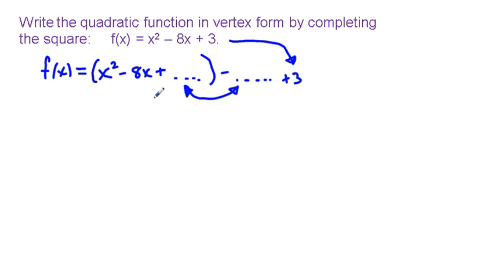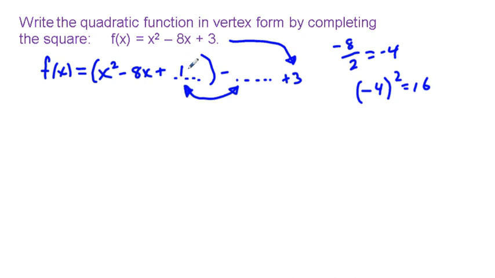All right, how do we get the number that goes in here? Well, it's going to be by taking this negative 8, taking half of that, we get negative 4. And then we square this number, negative 4 squared equals 16.